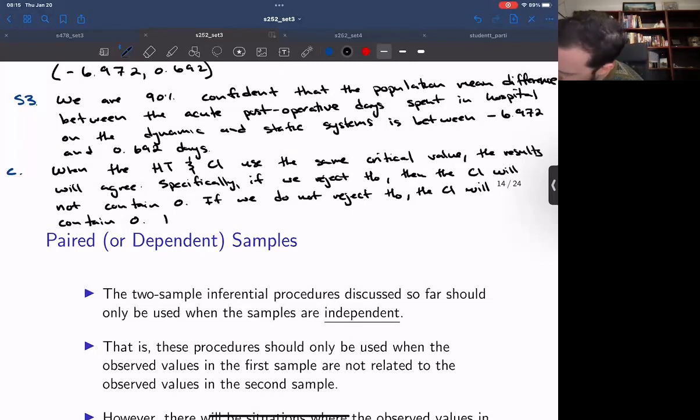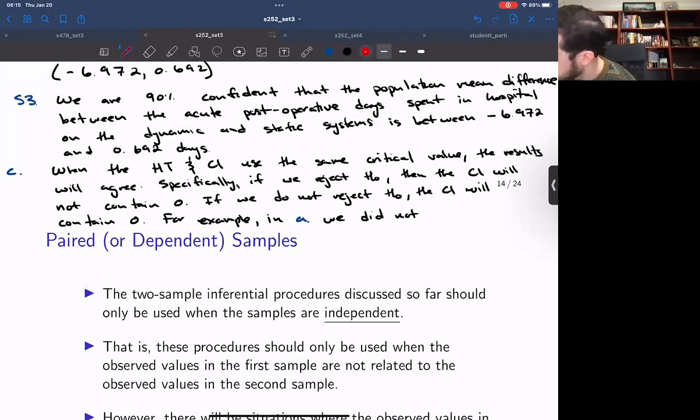Okay, so for example, in A, we did not reject H0.